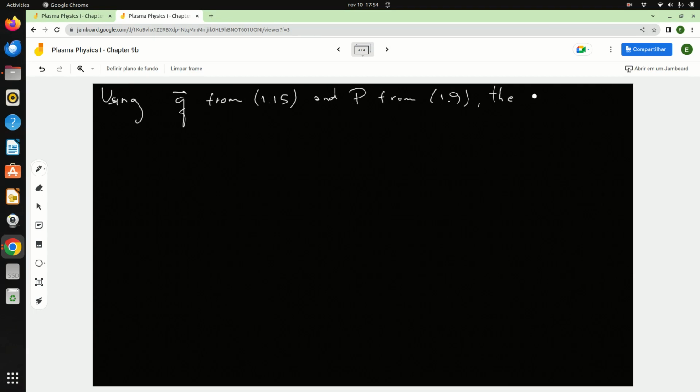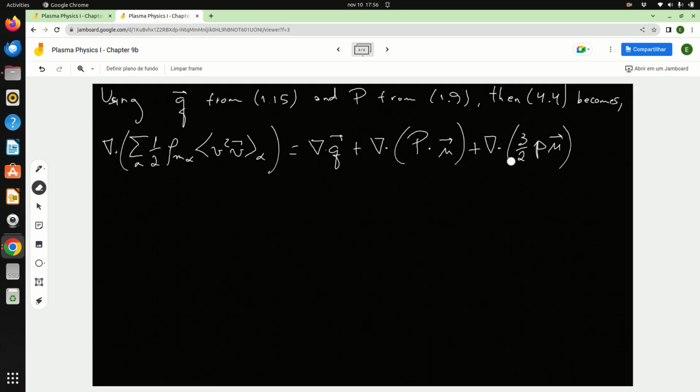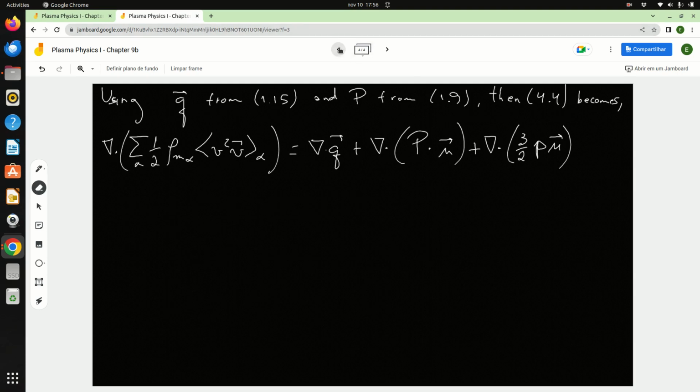Then 4.4 becomes the divergence of the sum in alpha of 1 over 2 this, which is actually the divergence of the heat flux vector, total heat flux, divergence of pressure dot U, and the divergence of 3/2 P U, where here we have used 1.14, which is here, in place of P because it appears here.